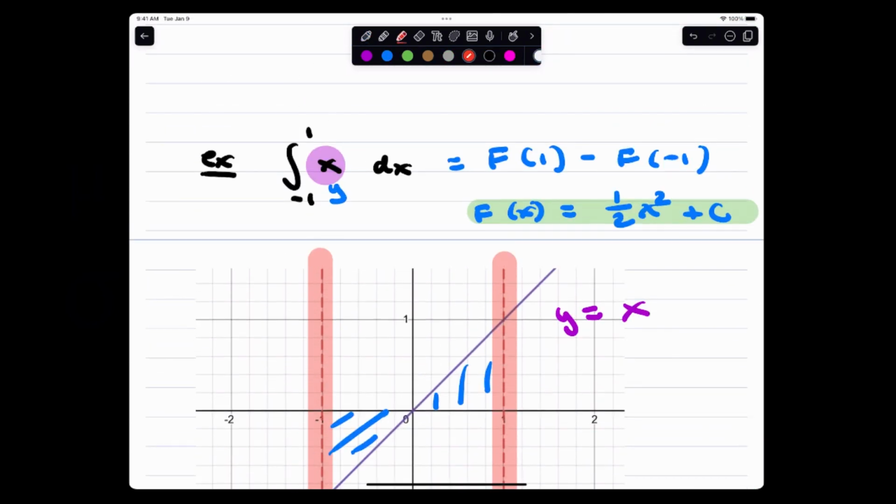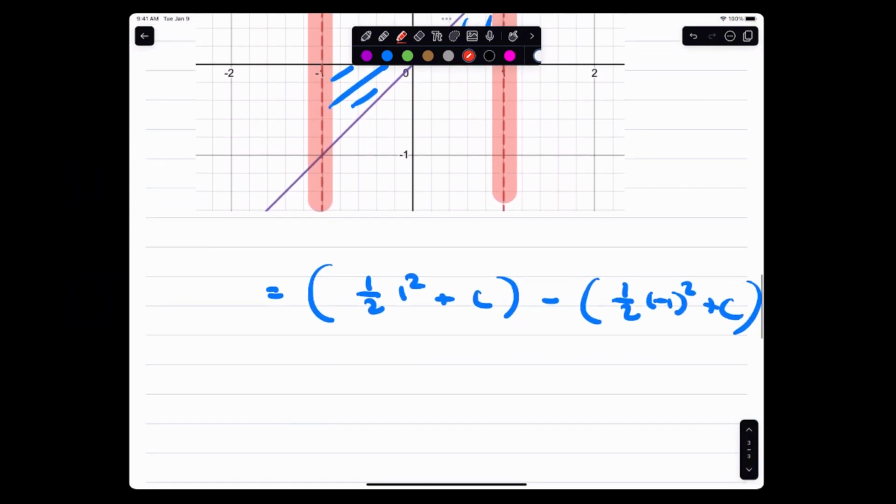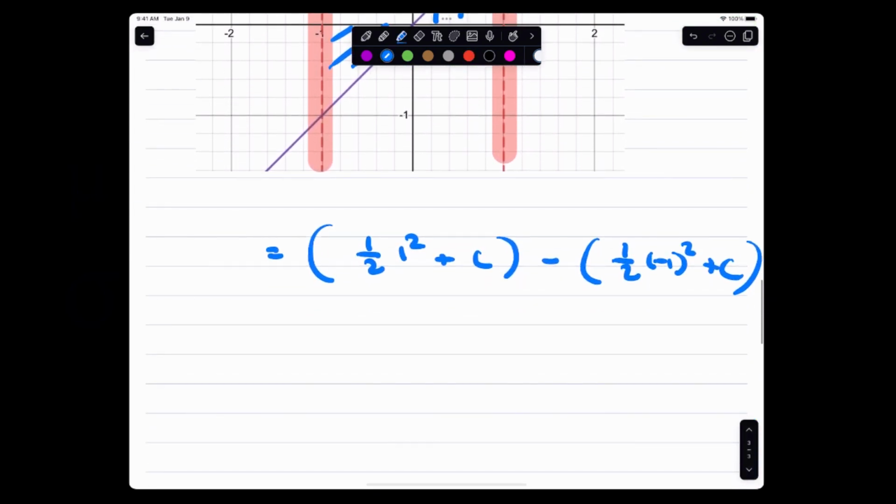You have a lower limit and an upper limit. Okay, you guys okay with that? So you get to do your arithmetic now. What's the arithmetic? It's going to be 1/2 plus c minus 1/2 minus c. Don't you distribute over here?